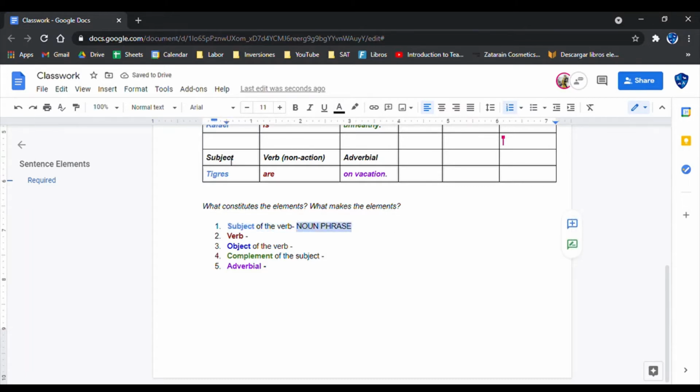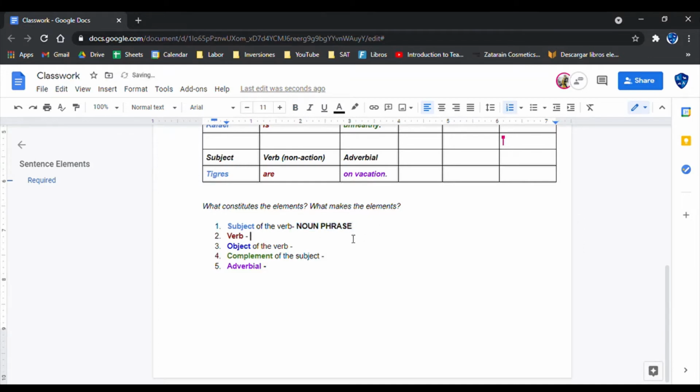So a subject has to be a noun. It cannot be an adjective, it cannot be an adverb, it cannot be a verb. A subject must always be a noun. A person, a place, a thing, an idea, a concept. A subject can never be a preposition, it can never be a verb, it can never be an adjective, it can never be a modifier. It has to be a noun phrase.